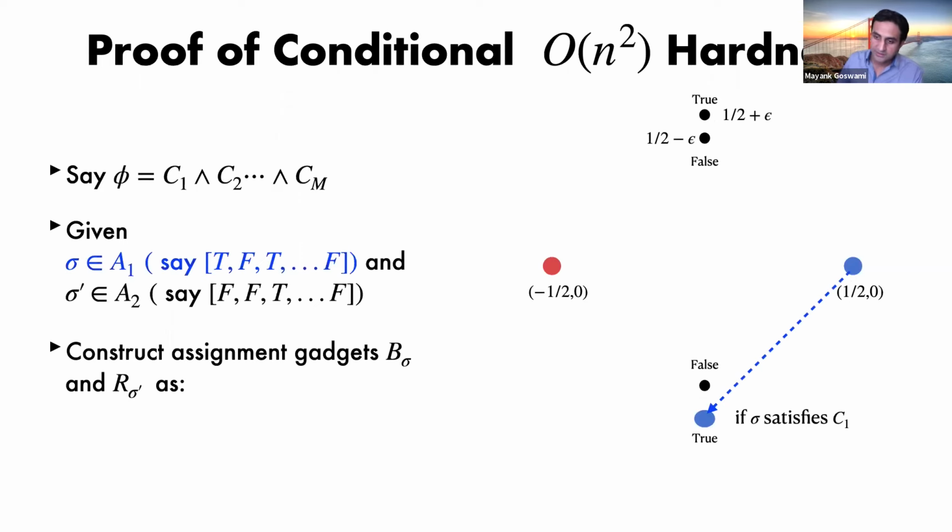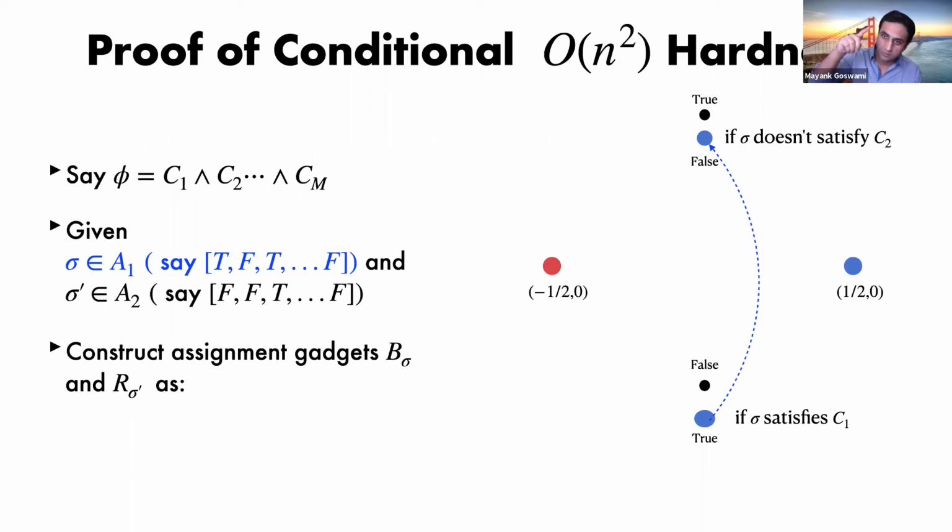And now what blue does is, blue starts from the bottom, and the first point in the sequence of blue after the starting point is the below point if blue's assignment satisfies the first clause, or if it does not satisfy the first clause, then it would go to the top point.